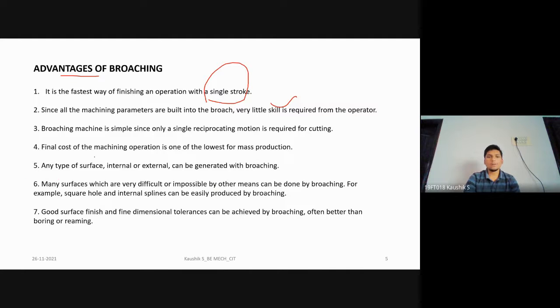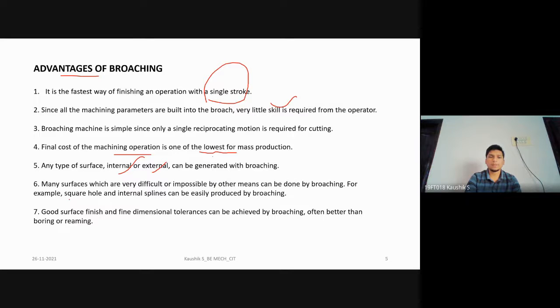The final cost of machining operation is one of the lowest for mass production techniques. Any type of surface, whether internal or external, can be machined using this broaching technique. Many surfaces which are very difficult or impossible to machine using conventional ways can be broached.